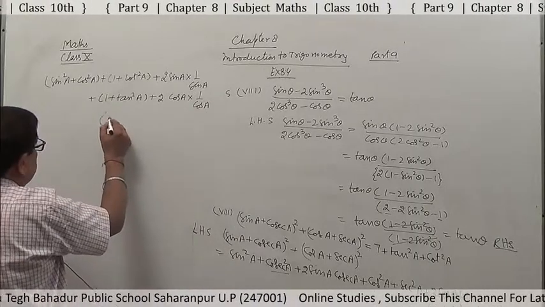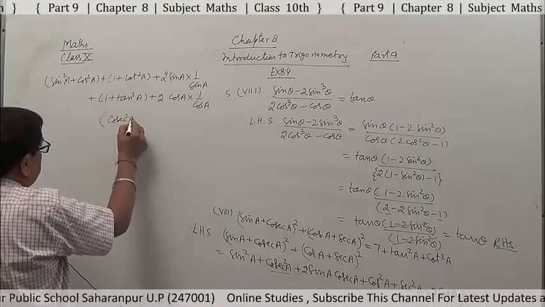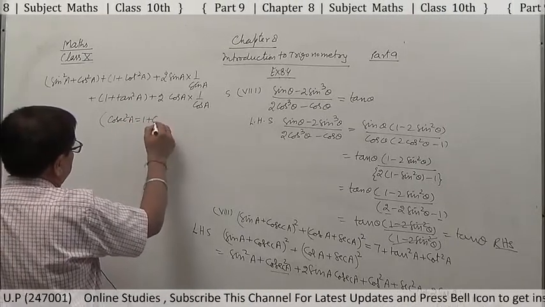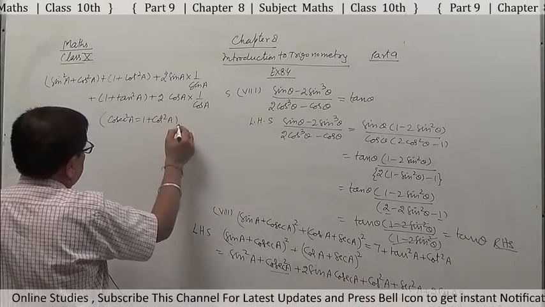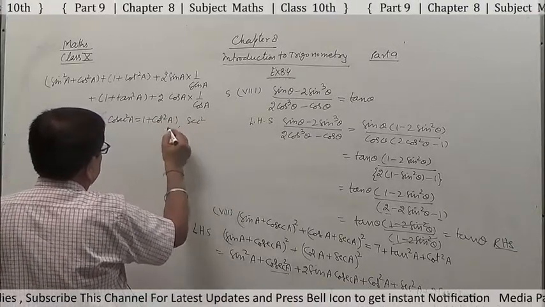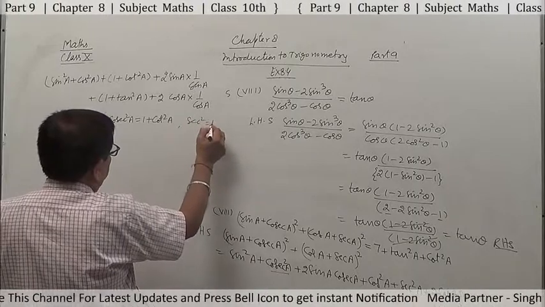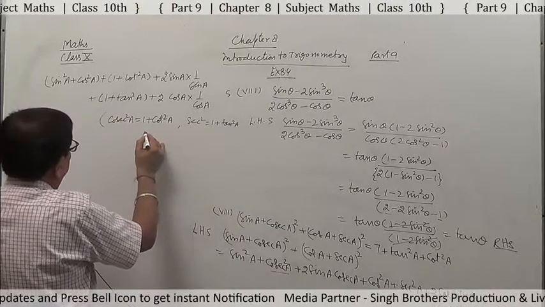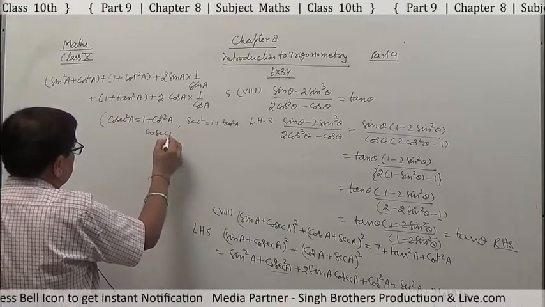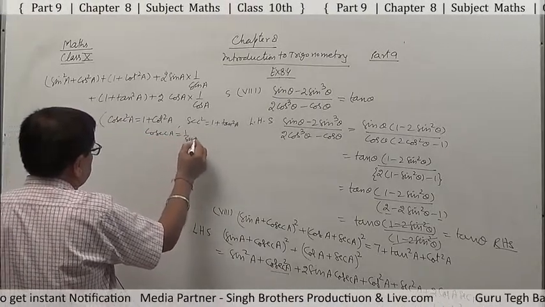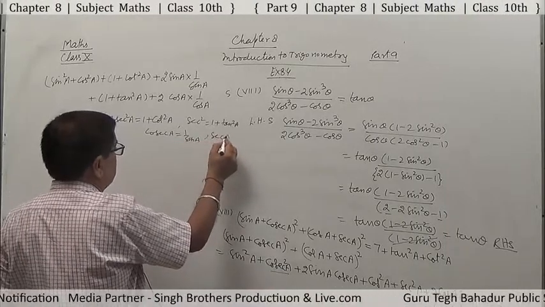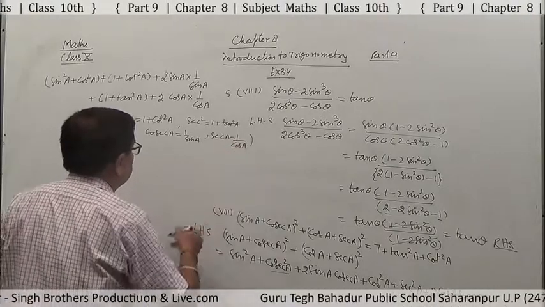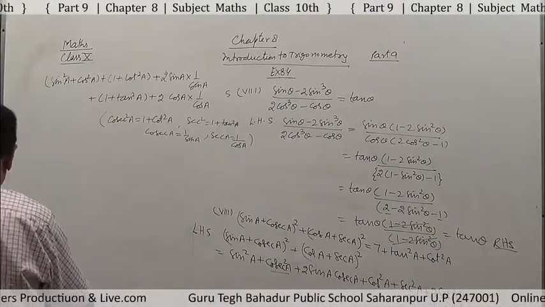We use the identities. Cosec square A is 1 plus cot square A, sec square A is 1 plus tan square A, and cosec A is 1 upon sin A, and sec A is 1 upon cos A. We use these four identities.